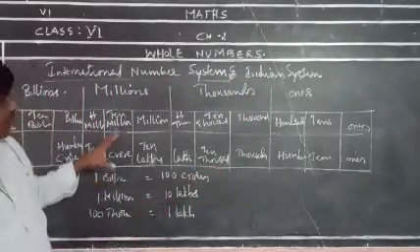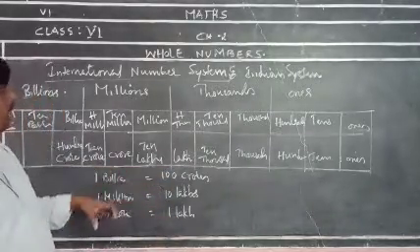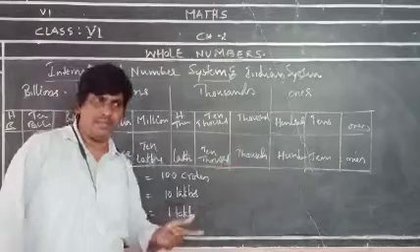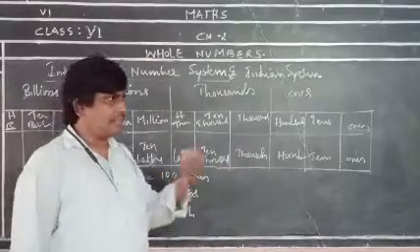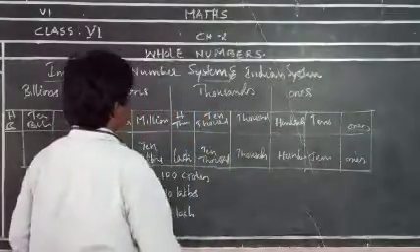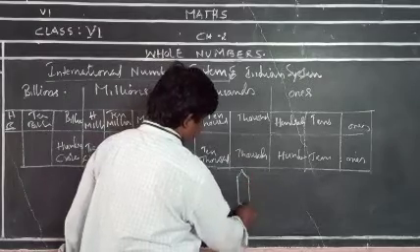These are things you learned in the 5th class. Now what we are learning here is whole numbers. What are whole numbers? Before learning whole numbers, we have numbers. Suppose there are some pencils, a figure like this.